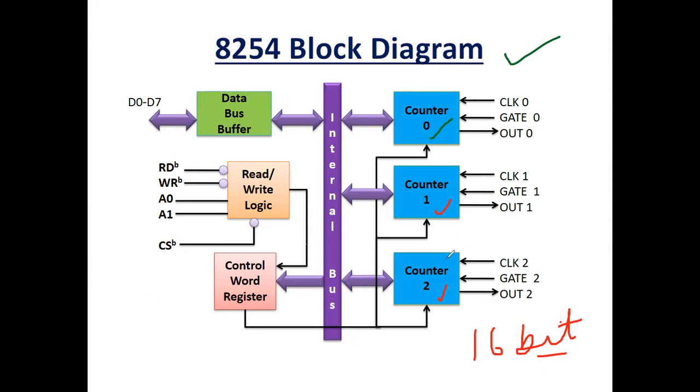Each counter has 3 signals: clock, gate, and out. Counter 0 has clock 0, gate 0, out 0. In the same way, counter 1 has clock 1, gate 1, and out 1. Counter 2 again has 3 signals: clock 2, gate 2, and out 2.